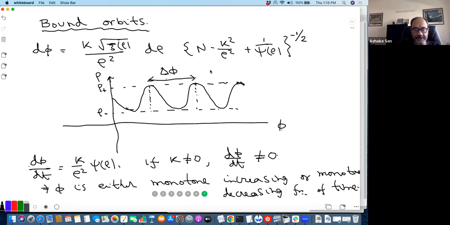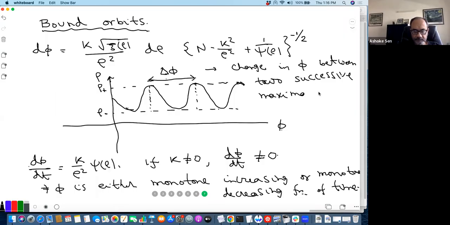This is the change in phi between two successive peaks, two successive maxima, or minima, it is the same.